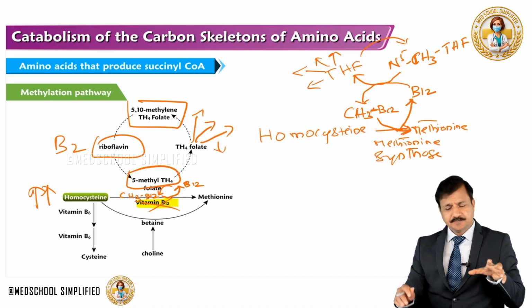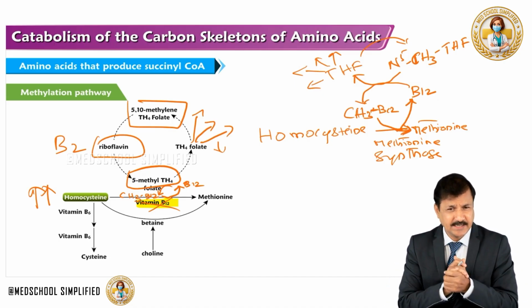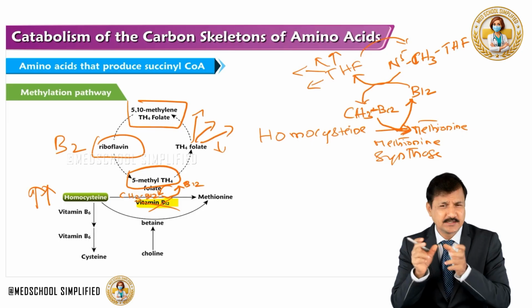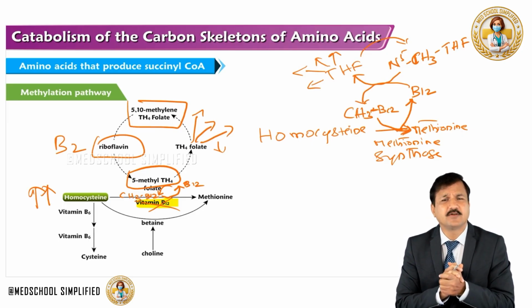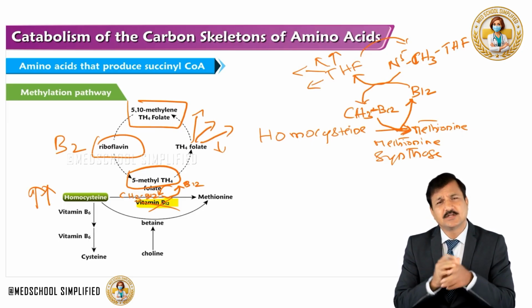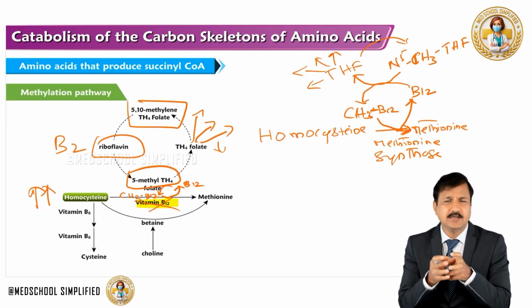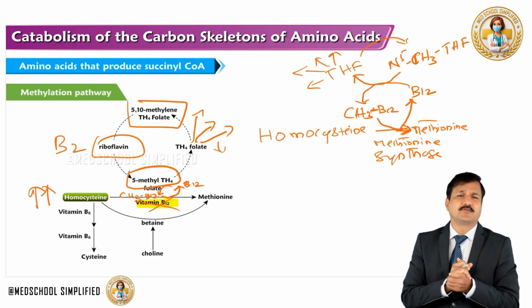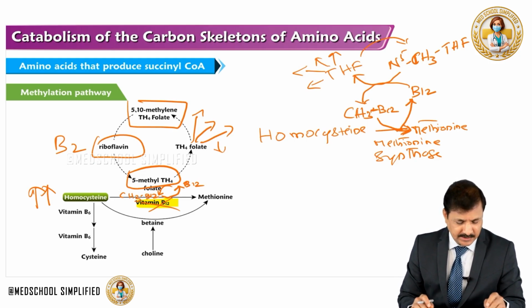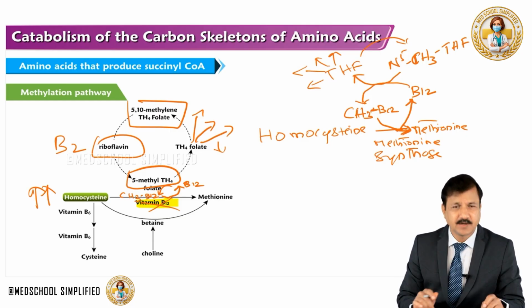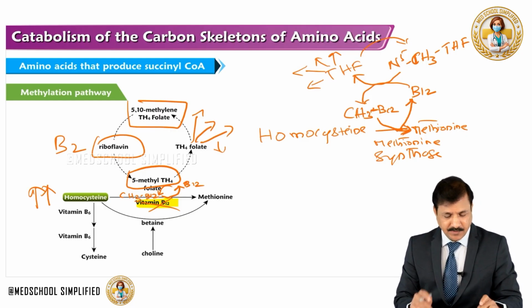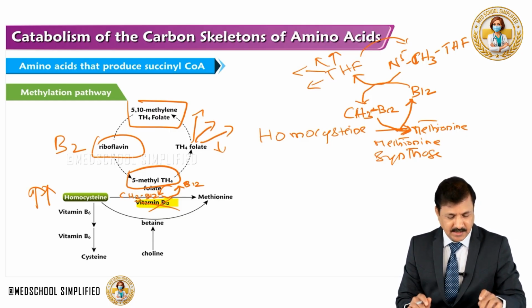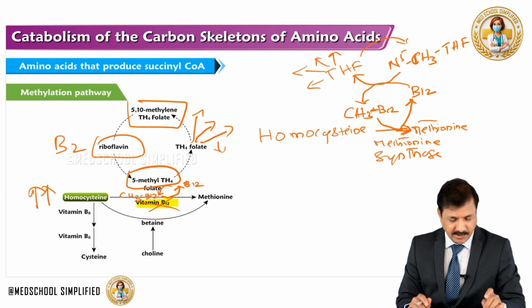So, that is why you have to remember these details, some of the coenzymes that are coming into the conversion of homocysteine into methionine. There is a role of cobalamin and folic acid derivatives in the conversion of homocysteine into methionine. Remember that. Okay. So, that's what I wanted to explain in the methylation pathway.